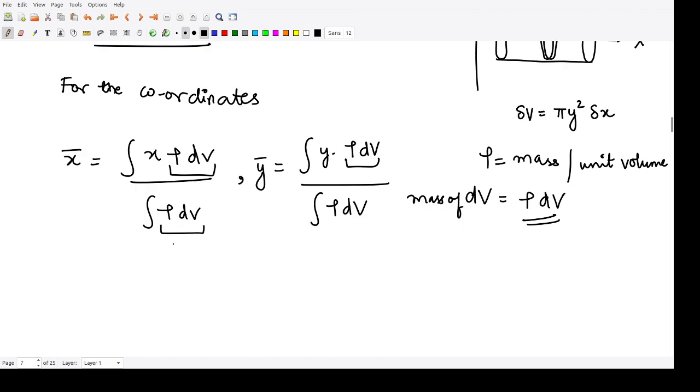So now we can consider the special cases. For the special cases, we can take rho to be constant. That means we are saying we have uniform volume.